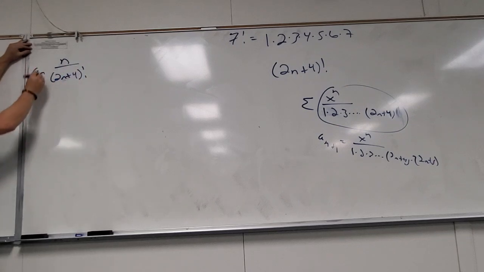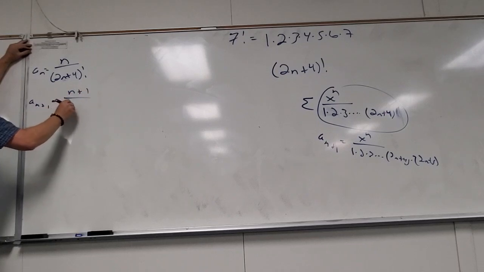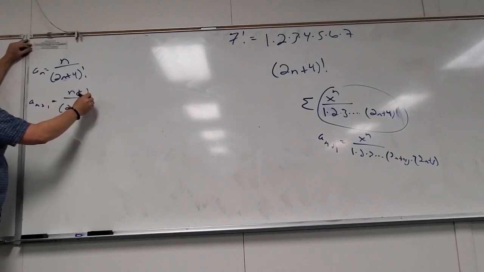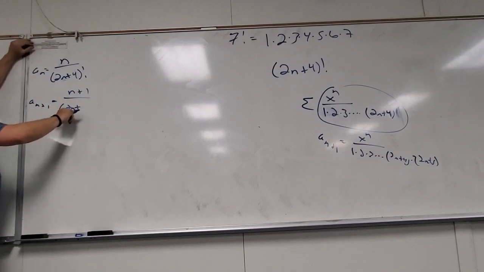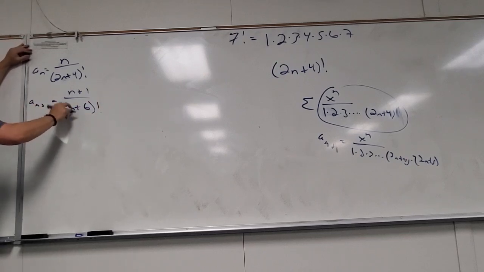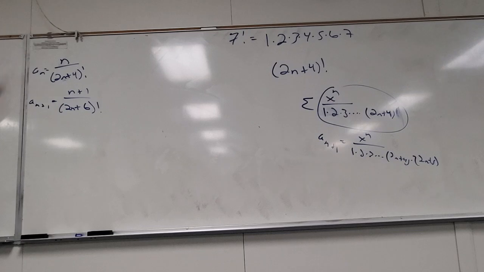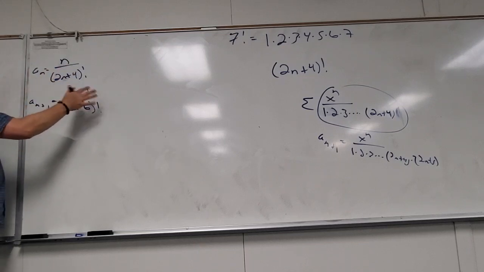That's a_n. a_n plus 1 would be n plus 1 over 2n plus 5. N plus 1 would be 2n plus 2 plus 4, so that would be 2n plus 6. Is that cool? Okay.